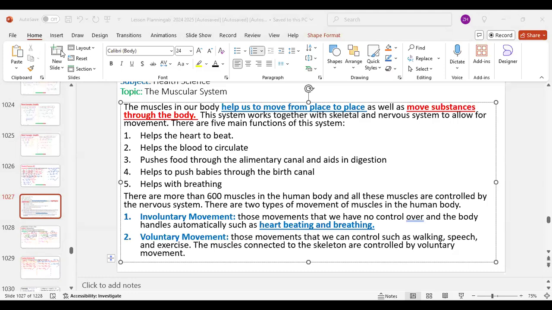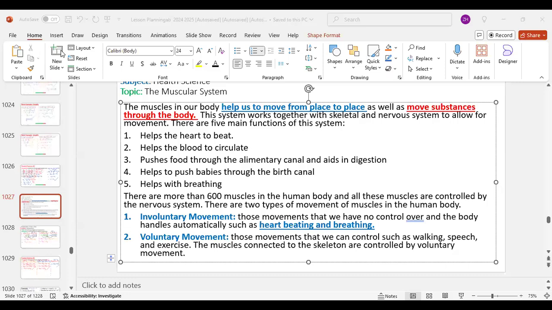Nevaeh, what are two types of movement that we have? Tell me the two types of movement that we have. Involuntary movement and voluntary movement. Very good.